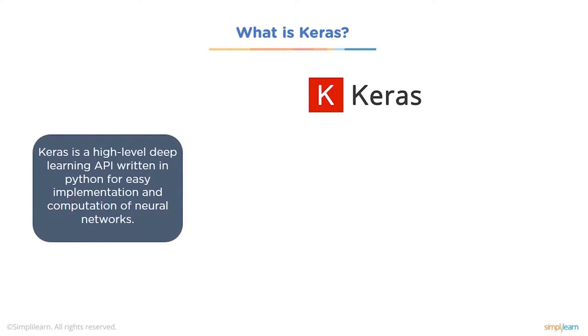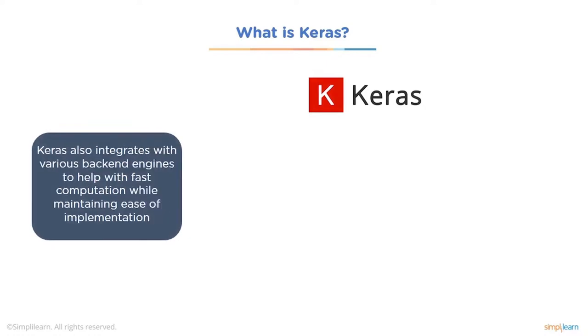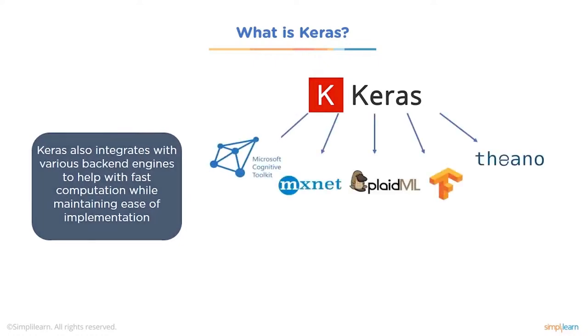Keras acts as an interface for the TensorFlow library, which means that it runs on top of TensorFlow. Up until version 2.3, Keras supported multiple backends, including TensorFlow, Microsoft Cognitive Toolkit or CNTK, R, Theano, and PlaidML. As of version 2.4, only TensorFlow is supported.